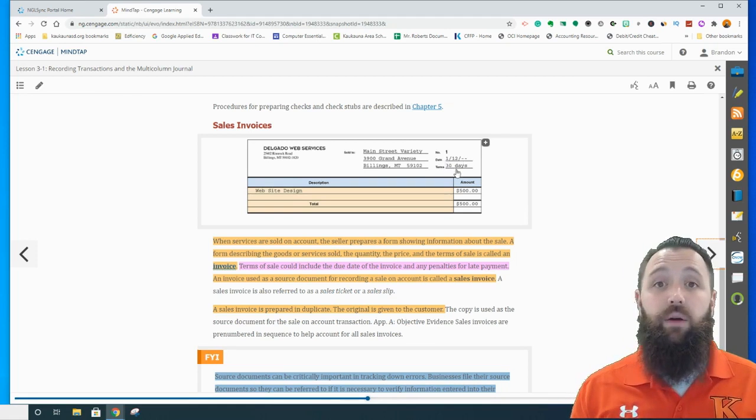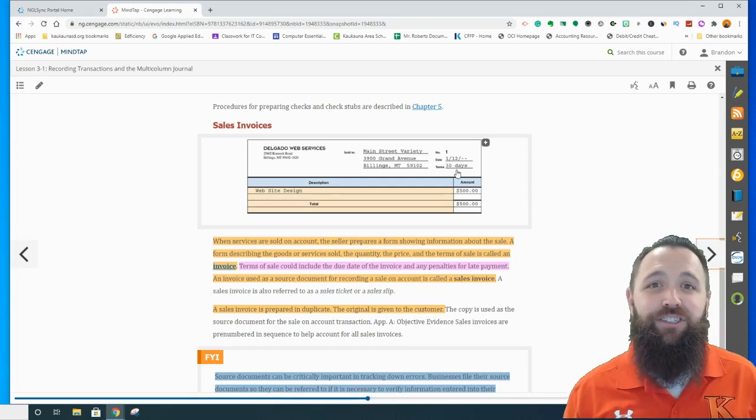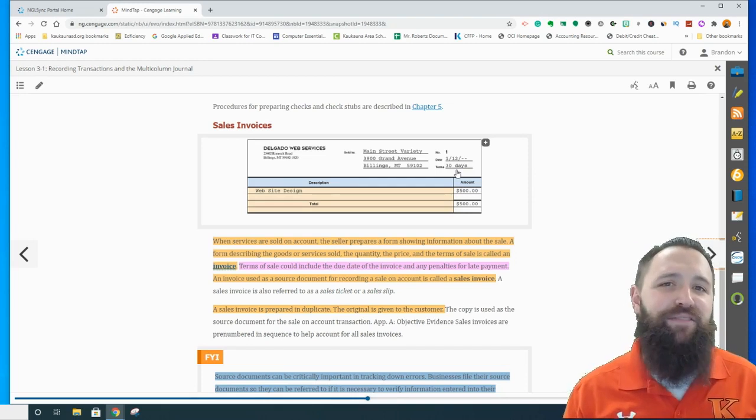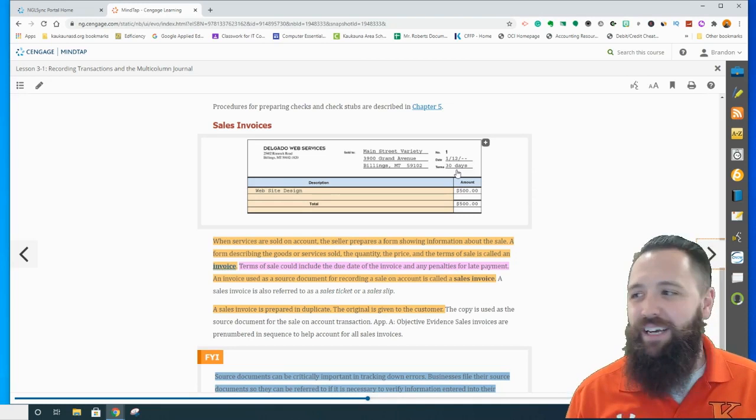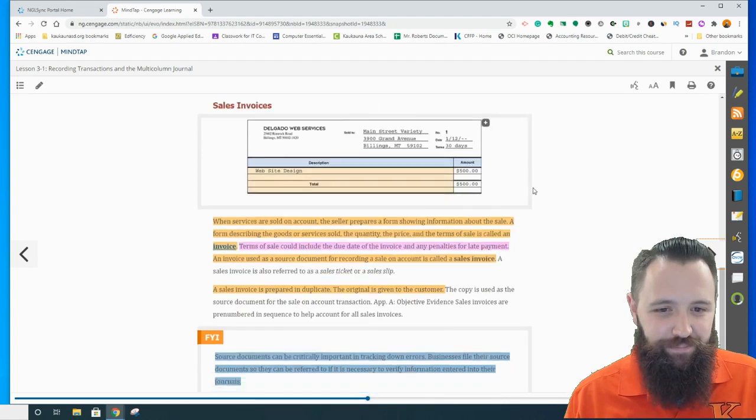If you just did it by word or by email and you said, hey, make sure you pay us back $500 whenever you have time, it'd be almost impossible to actually track.